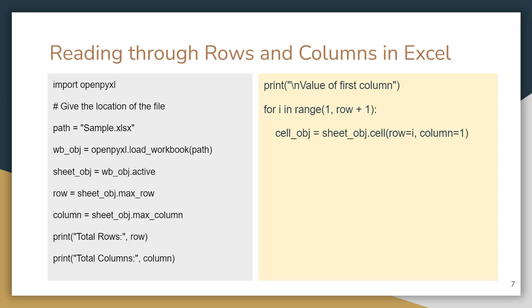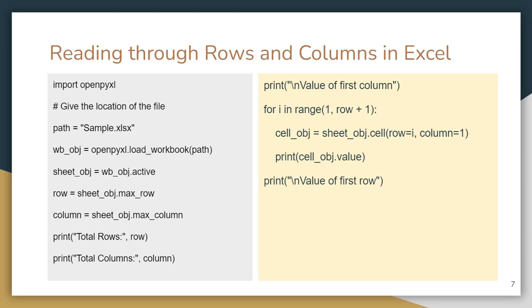It generates 1 to the maximum row, and for the column I am using 1, that is fixed, and print cell_object.value. This returns the value whatever we fetched row wise.